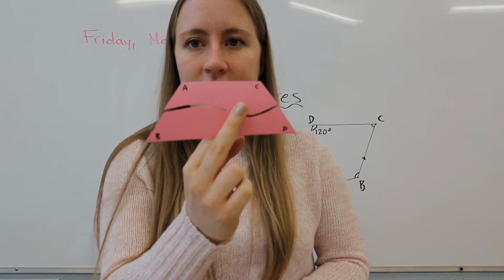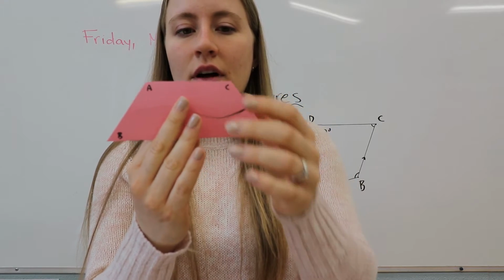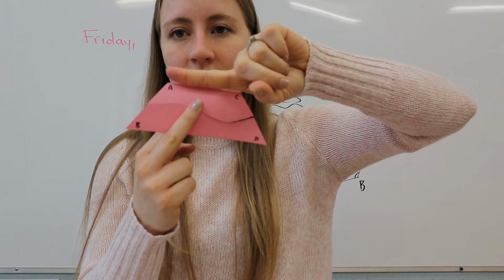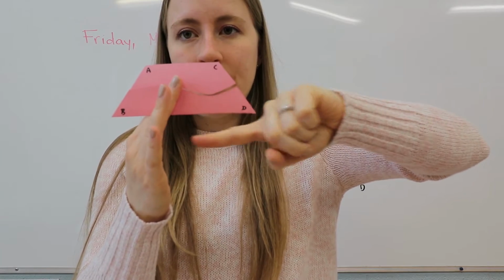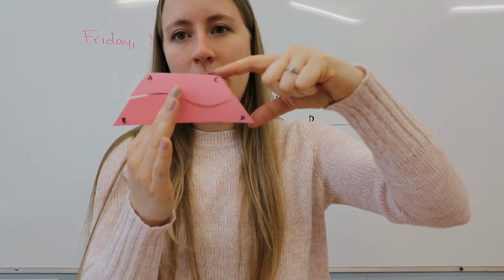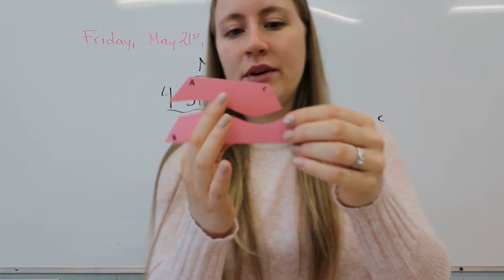So this is how we can see our rule about the pair of angles between two parallel lines. Our parallel sides are this side and this side, right? And so the pair of angles between the two, so C and D are the pair, and A and B are the pair, add up to 180 degrees.